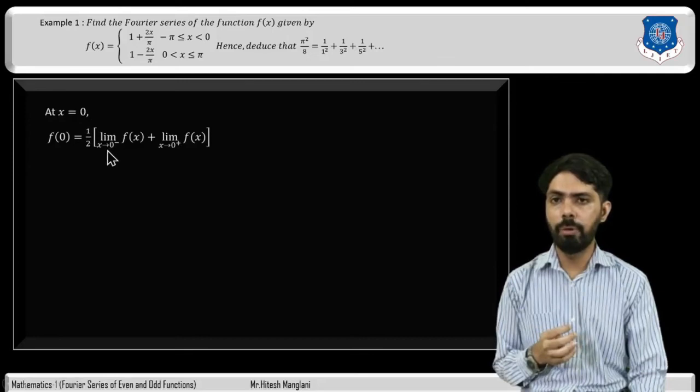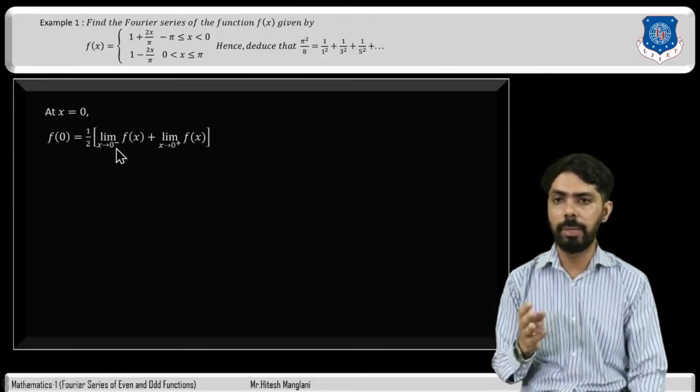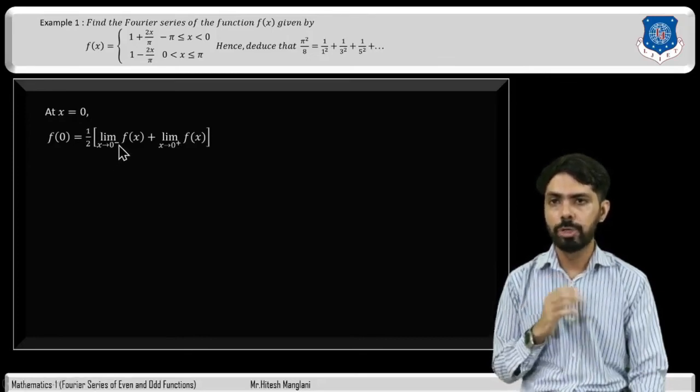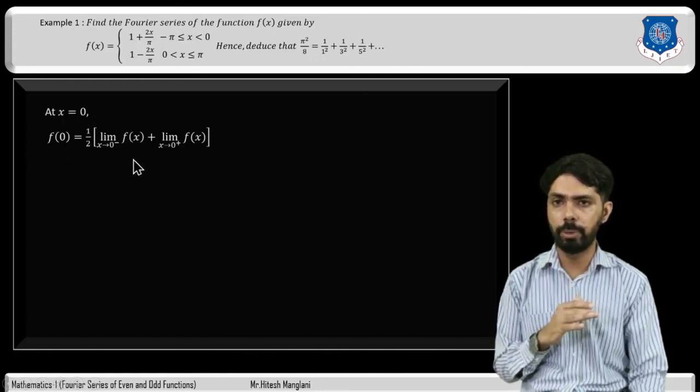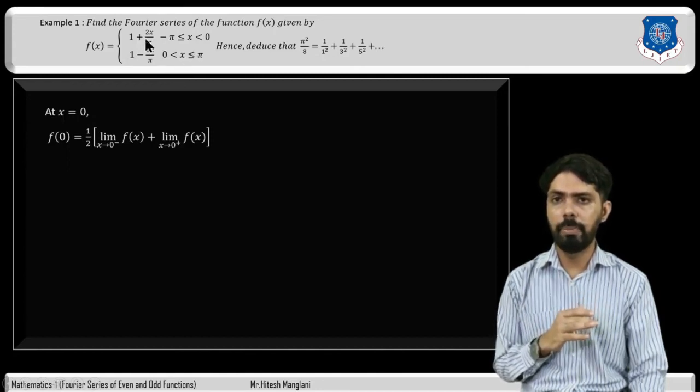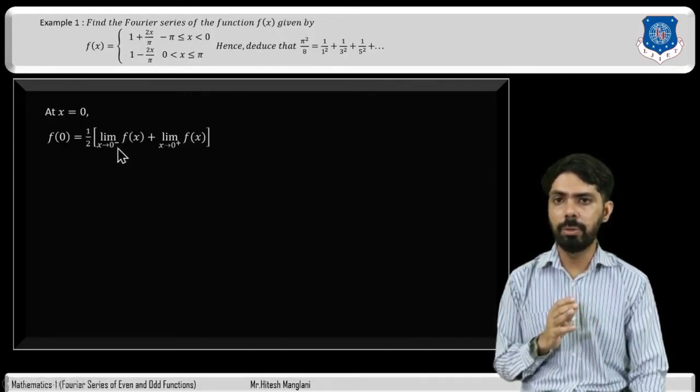Now what is the meaning of x tends to 0 minus? That means x less than 0. Whenever x is less than 0, the function is 1 + 2x/pi, and we replace x by 0, so it will be 1. So here 1/2 in bracket 1 plus.